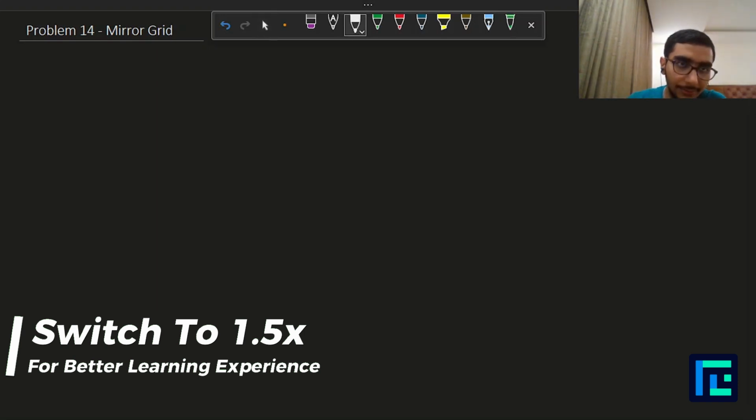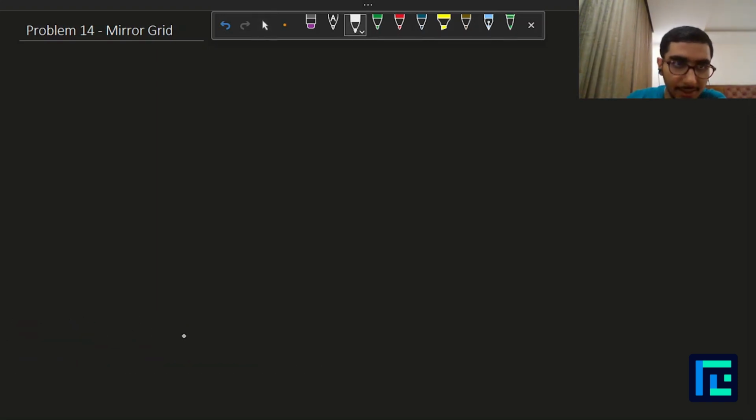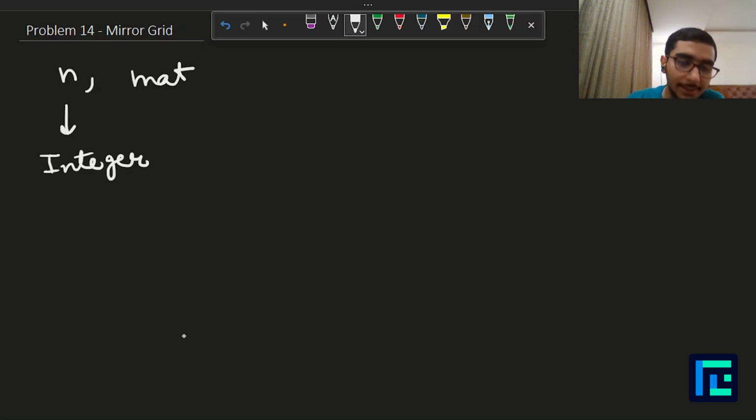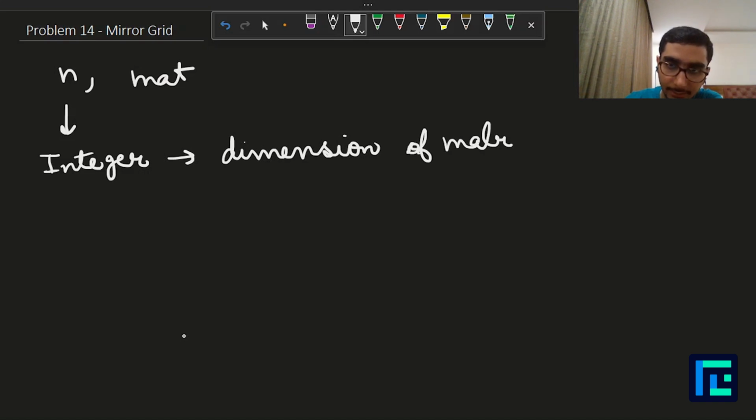So we are being given that for every test case we have two things, n and let's say mat. n is an integer and it denotes the dimension of the matrix, and mat is the matrix itself.